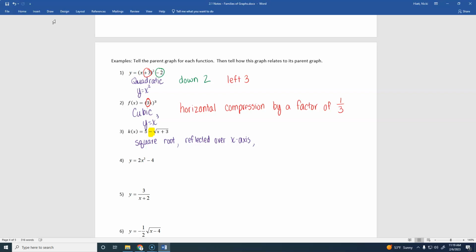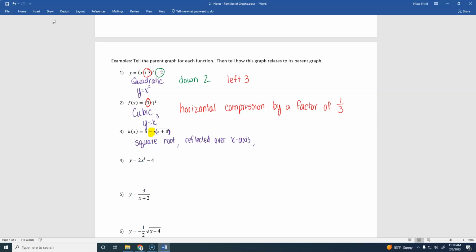All right, Connor, can you give me something else that has happened to this graph? It is not left 5. This one's a little tricky in the way they gave it to you. Left or right has to be on the inside of the parentheses. Square roots don't have parentheses here, but where is it understood that the parentheses would be? Inside of the square root. So it's like you got parentheses right here.